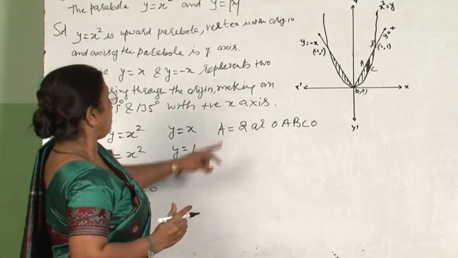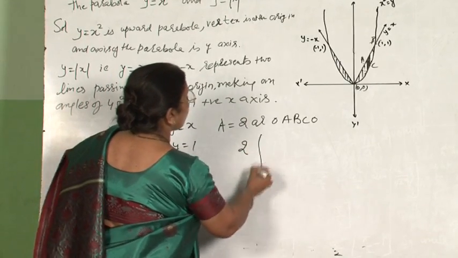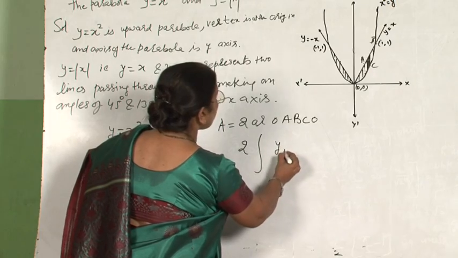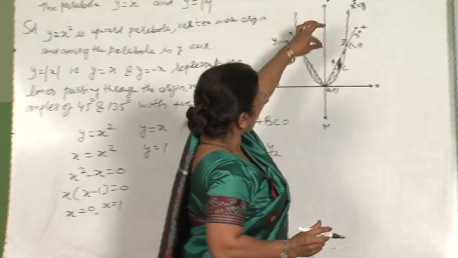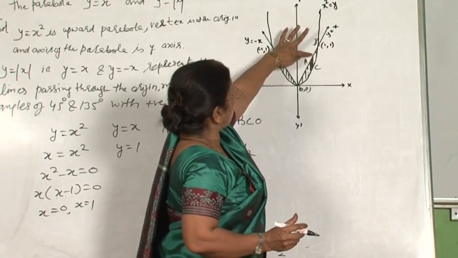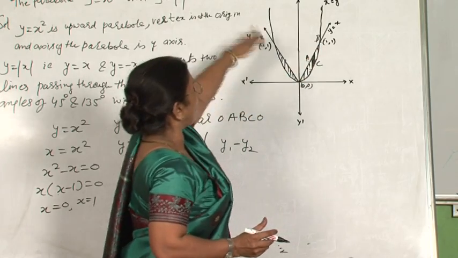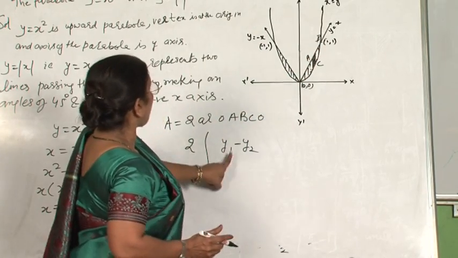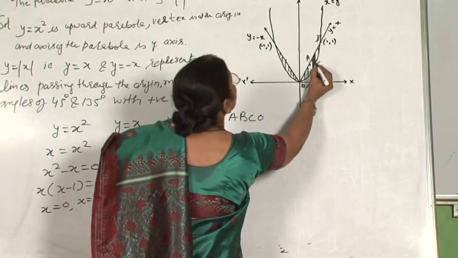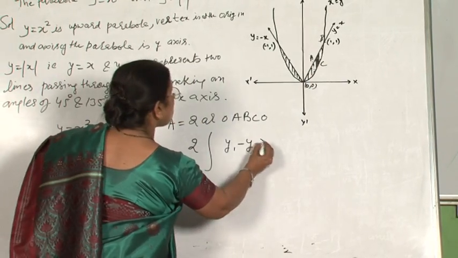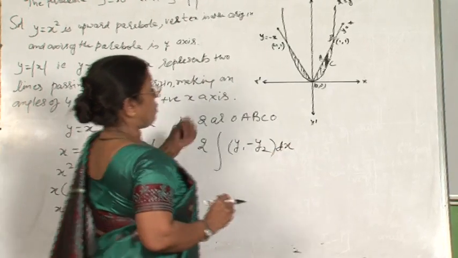So, here we have to write this as 2 times y1 minus y2. The length of the strip is, if the value of y on the line is y1 and the value of y on the parabola is y2, then y1 minus y2 is the length of the strip, and the width of the strip is dx. So, this into dx.